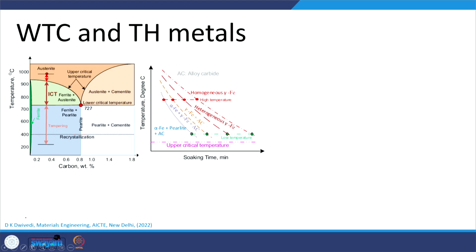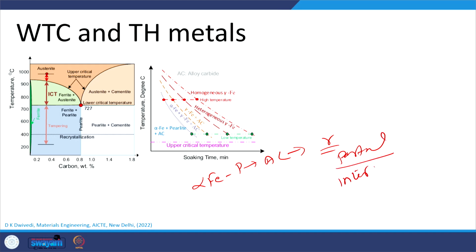The effect of this short high temperature retention is that whatever phase transformation takes place from ferrite, pearlite and alloy carbides into austenite will be either partial or heterogeneous, not homogeneous. A heterogeneous austenite will be formed, meaning it is not uniform in composition across the grains.